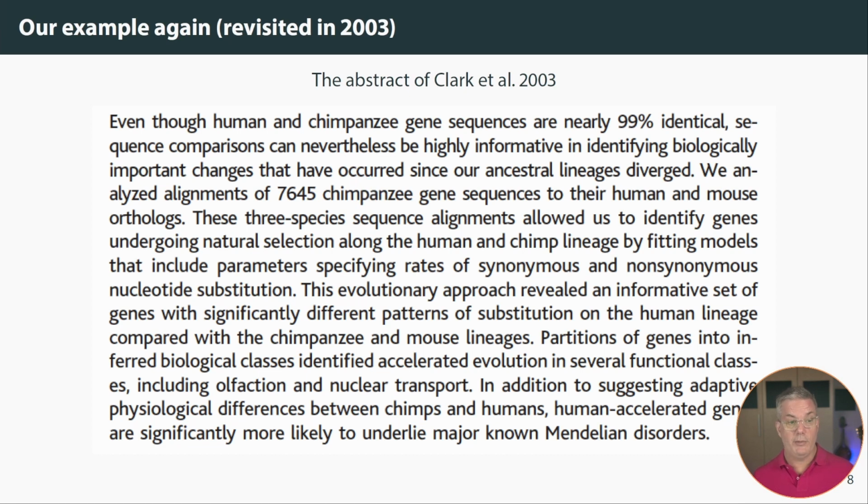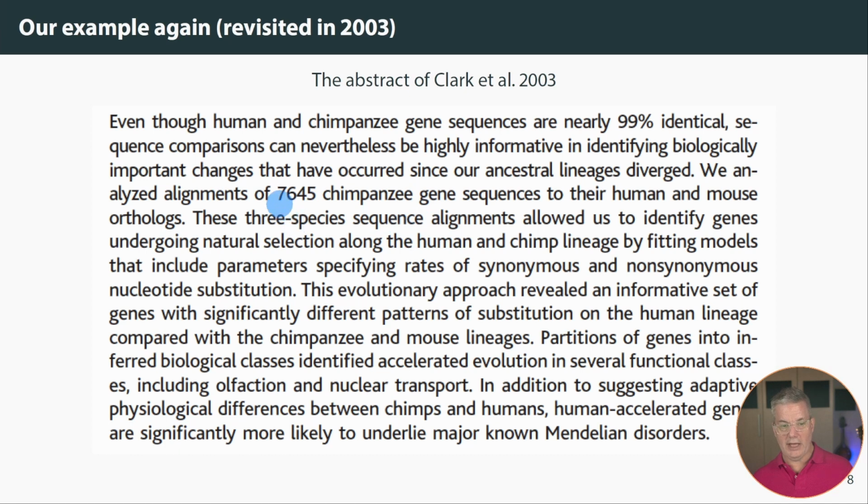We still wind up using this. In this case, what they did is they looked at gene sequences of 7,645 chimpanzee orthologs in human and in mouse. These are all orthologous sequence comparisons. They used this 3-species sequence alignment, and then they looked at the estimate of the rates of mutation in each of those.